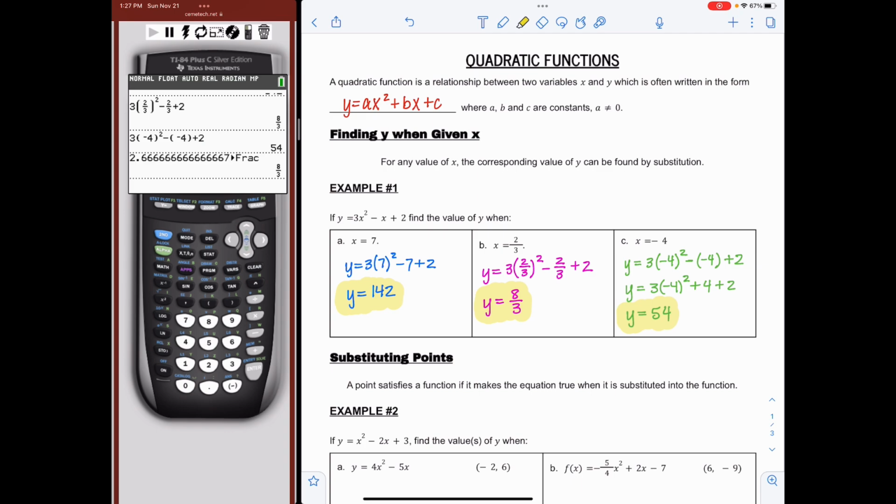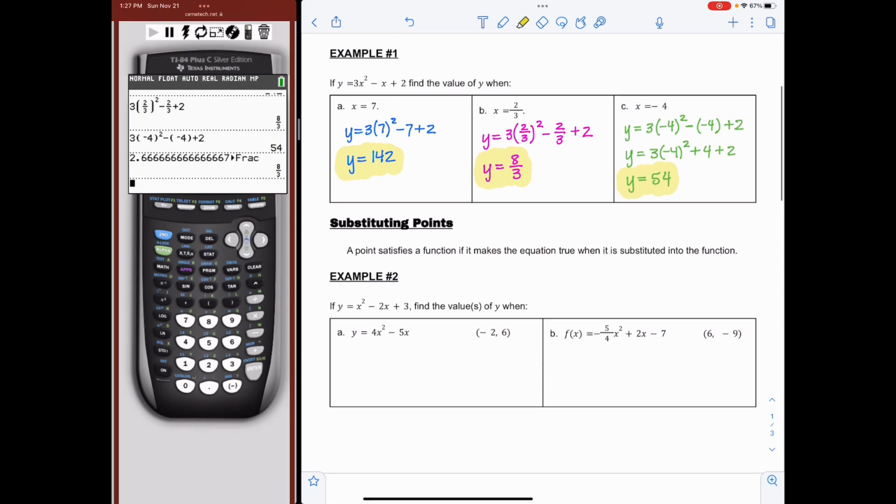If I go back to second trace, if I go to my value, I want to say x is equal to -4. And when x is equal to -4, my y value is equal to 54. Okay? So that's how you can do it just by using the graph if you don't want to have to type everything in and then go back and type it in again.